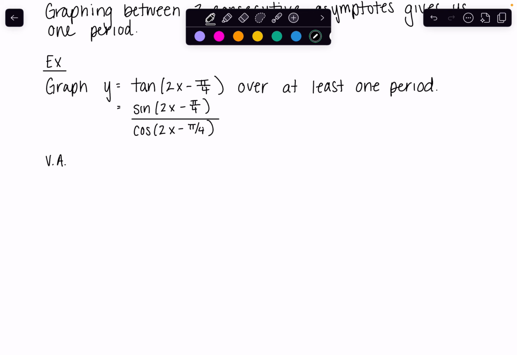So the vertical asymptotes are going to occur when this cosine function is equal to 0, okay? So again, just pick 2 consecutive values that happens for. You can do pi over 2 and 3 pi over 2.